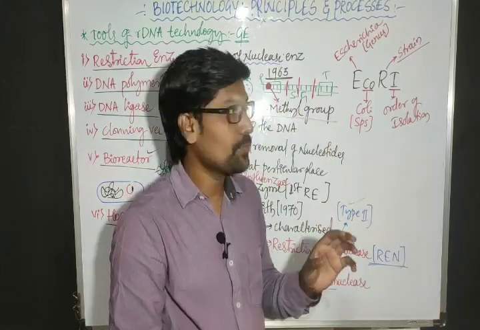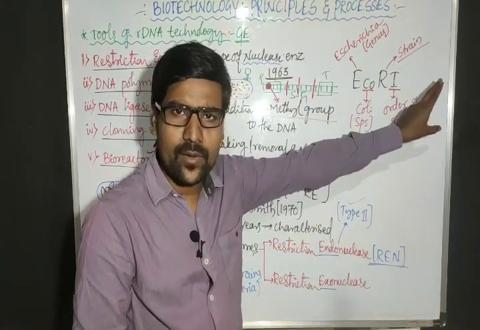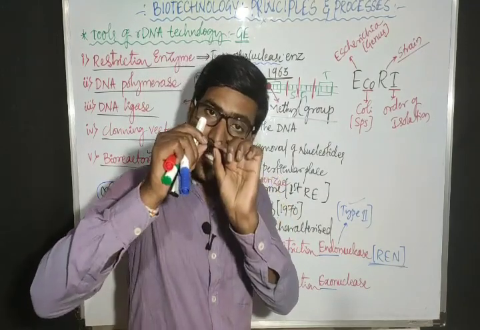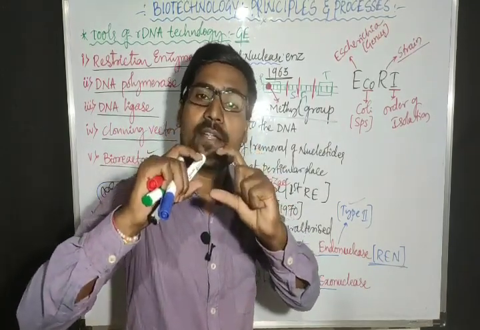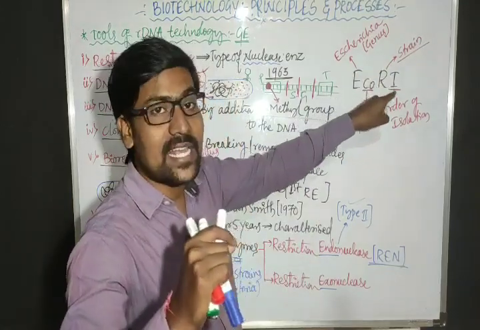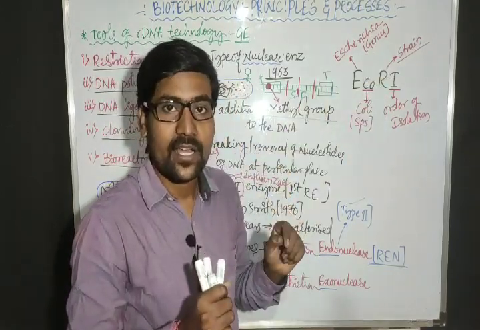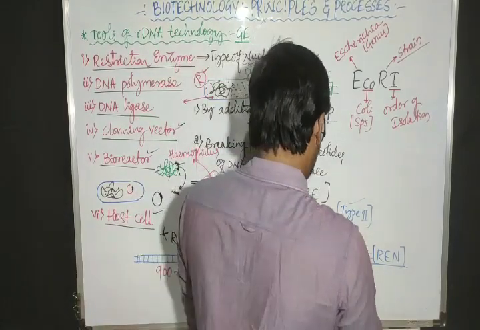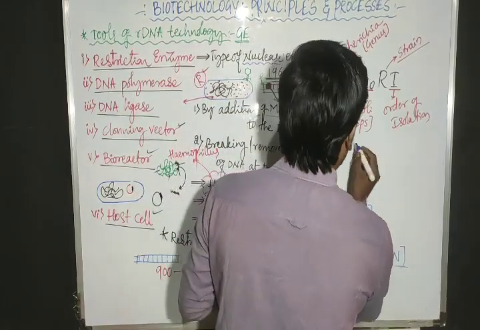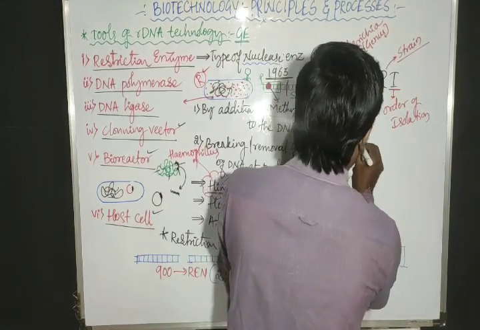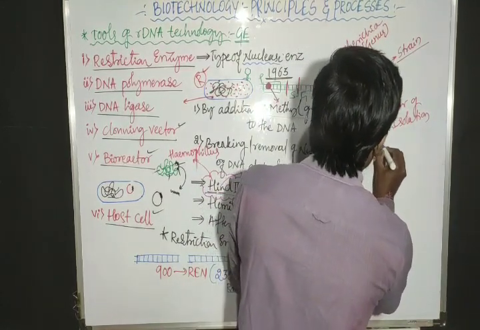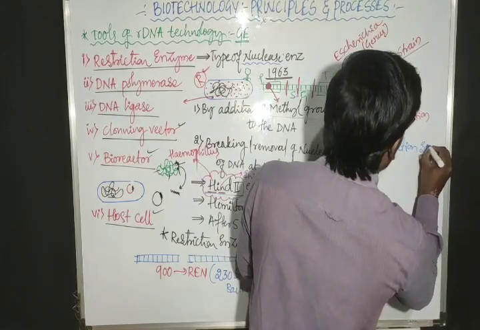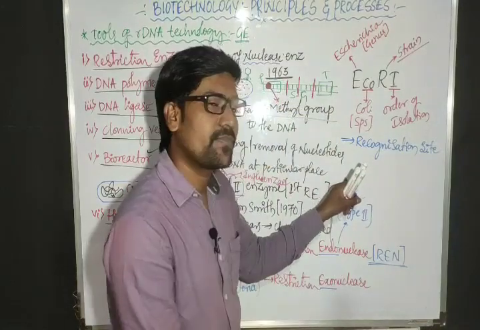And one more thing I told you: whatever the enzyme, it will cut the DNA at a particular place. Why a particular place? Because in that place some sequences are present. Those sequences are recognized by these enzymes, and we refer to them as a recognition site on the DNA.